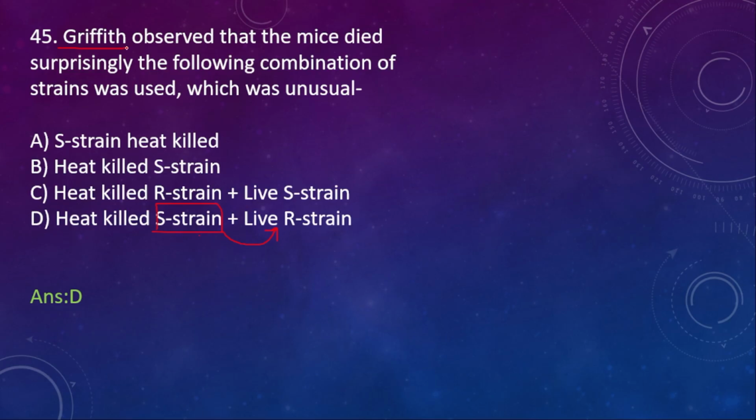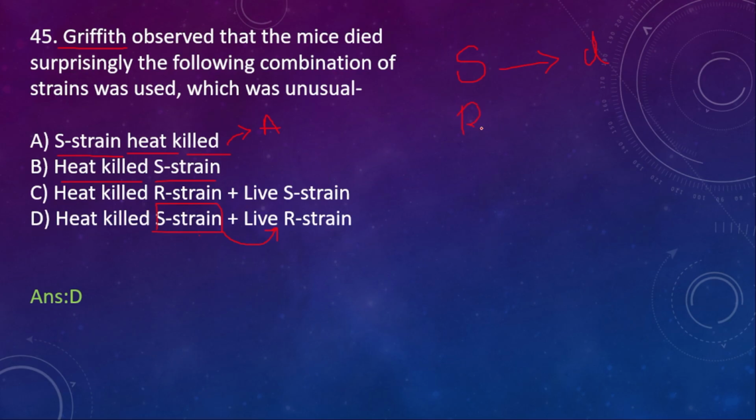When the Griffith experiment started, what did he do first? He heat killed the R strain and injected it to the mice. The mice were alive. Let me explain here separately. Firstly, he used S strain and injected it to the mice, and the mice died due to pneumonia.